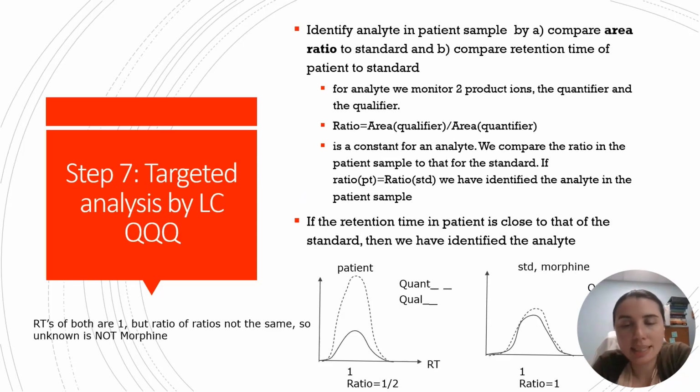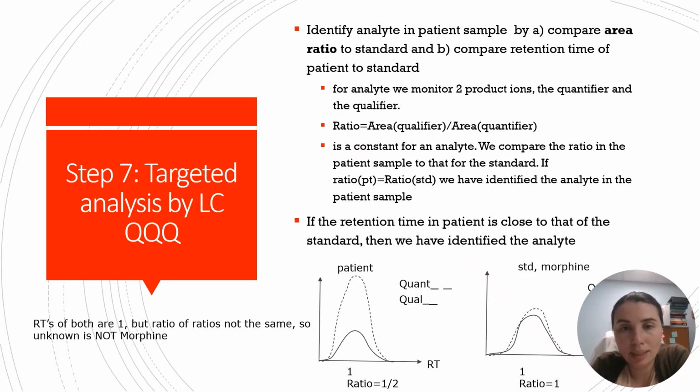For analysis in LCMS using a triple quadrupole, you identify the analyte by comparing the area ratio to the standard and by comparing the retention time of the patient to the standard. Additionally, because for each analyte we monitor 2 product ions, remember the qualifier and the quantifier, we also use the ratio of the area of the qualifier over the area of the quantifier.